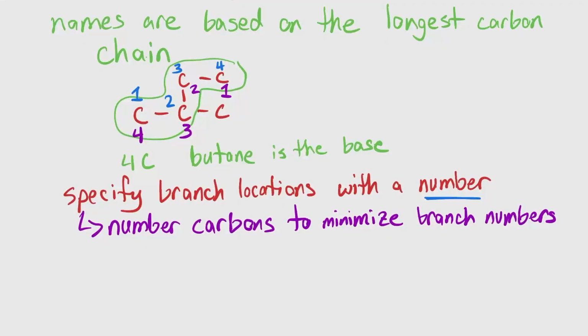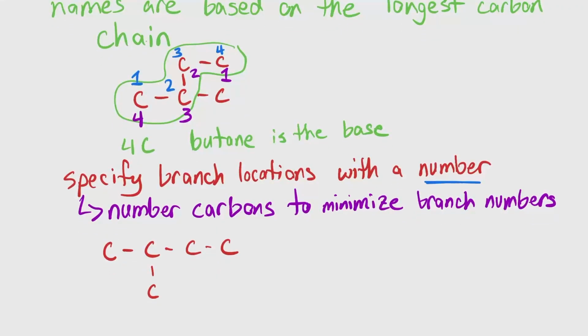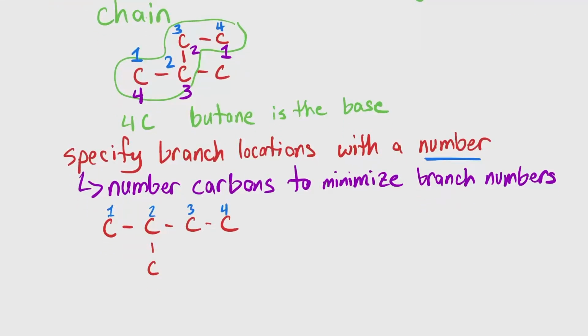So redrawing this, carbon to carbon to carbon to carbon, and we had our one branch on the second carbon. So the correct numbering here would be 1, 2, 3, 4 from left to right. Which carbon is our little add-on attached to? 2.